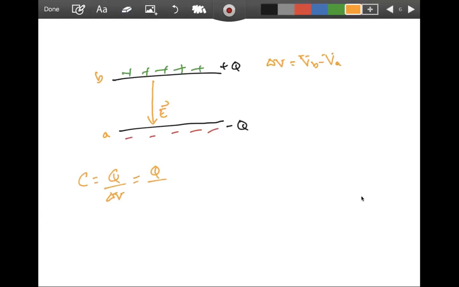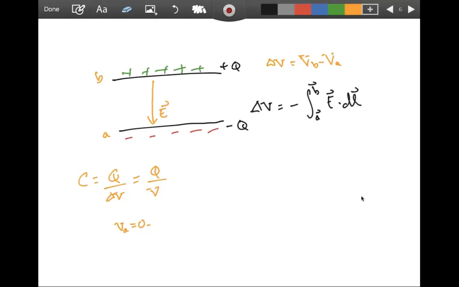In that case, that'd be Q over V. So good. I'm going to use our definition from last chapter: the change of potential between two points is equal to negative the integral, from A to B, of my electric field dotted with the differential length dl.